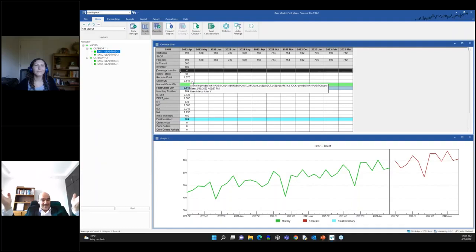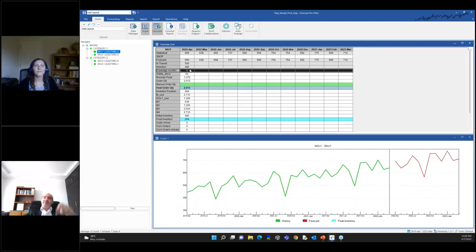You already did that. You don't have to purchase it again. And use basically the maximum between the coverage goal and the lead time demand. Why? Because if the lead time demand is higher than the coverage goal, you need to purchase the lead time demand in order not to have to do another order again in the next month. Okay, and if the coverage goal is higher than the lead time, you would use the coverage goal.